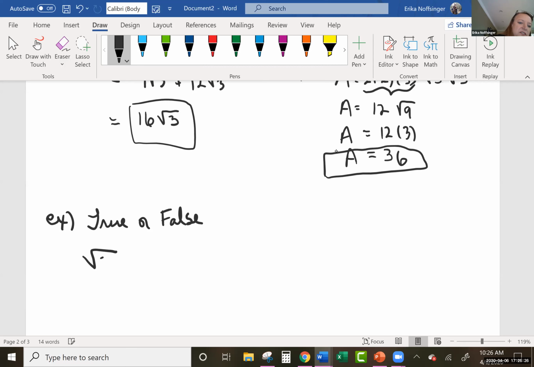So if we have the square root of 2 plus the square root of 2, this is equal to the square root of 4. Pulling up the chat. Anyone know? Is that true or false?